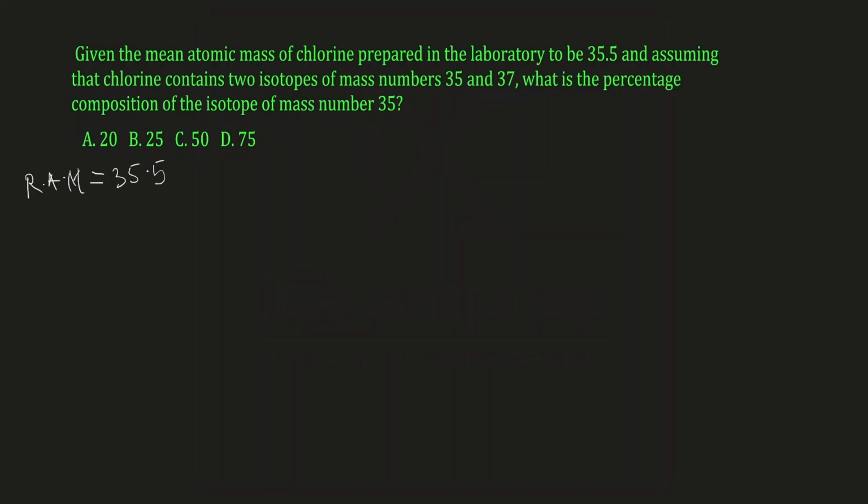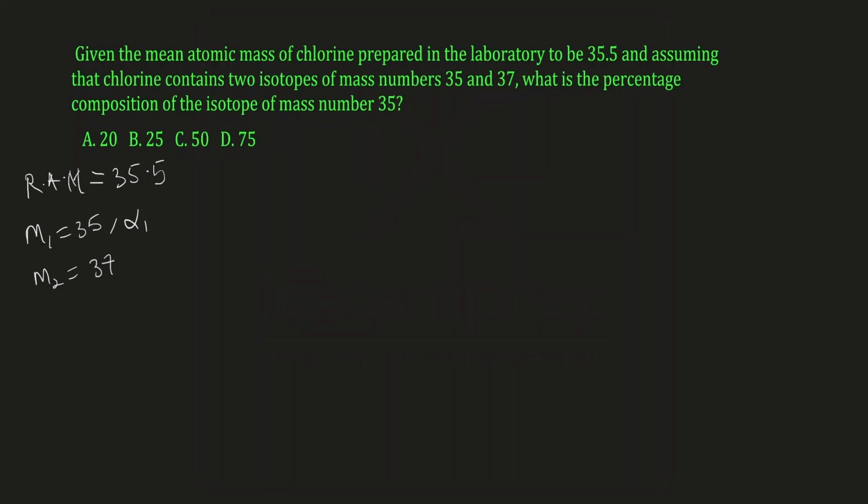And assuming that chlorine contains two isotopes of mass numbers 35 and 37, I will take the mass of the first one to be 35 and the mass of the second one to be 37. The question is, what is the percentage composition of the isotope that has a mass number of 35? So we are looking for the abundance, which is the same thing as composition.